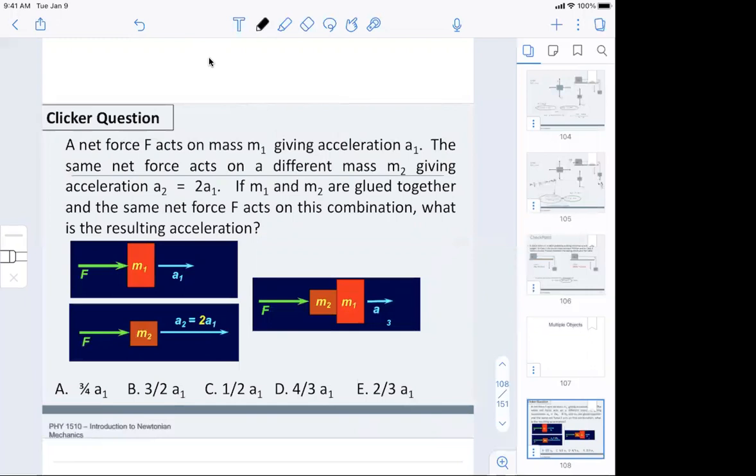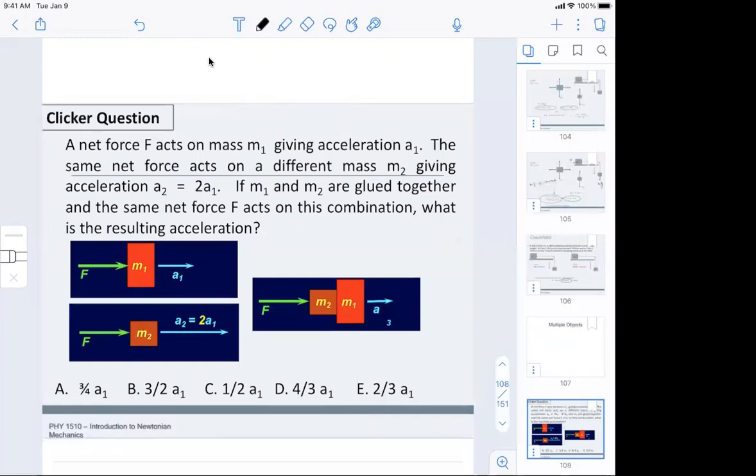You accelerate them with the same amount of force. F is the net force acting on M1 right now and gives it an acceleration A1. F is the force accelerating M2 right now and gives it an acceleration A2. We know A2 is double the quantity of A1. So when you accelerate both of them together, what do you get for A3?